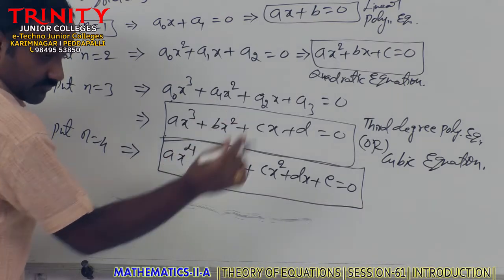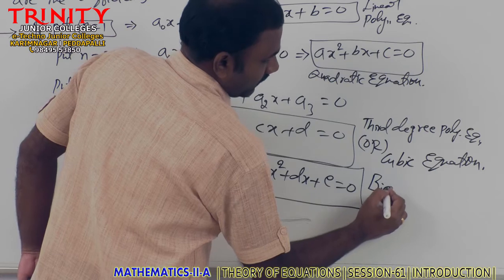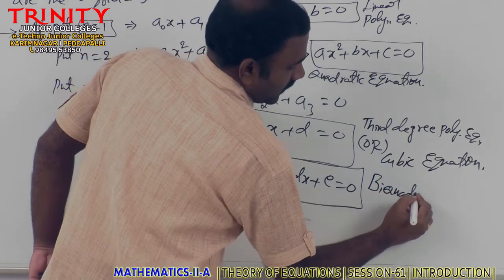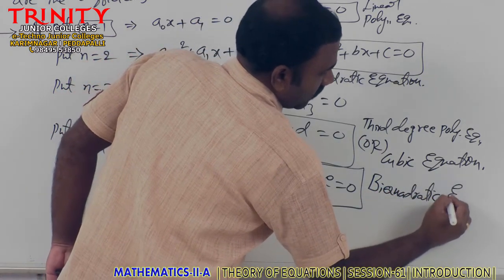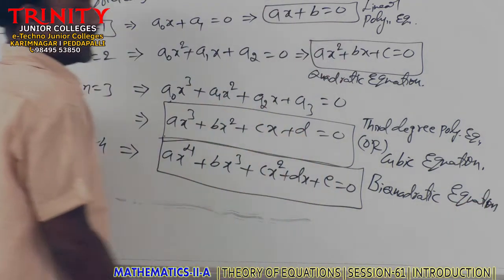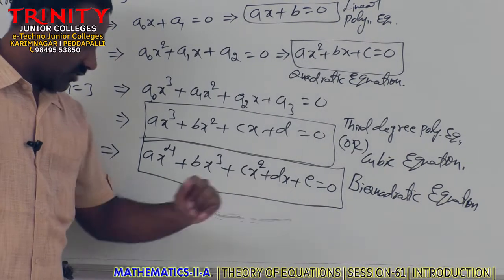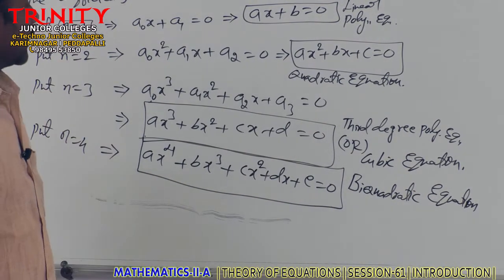Here the highest power is 4, a biquadratic equation or a fourth degree polynomial.